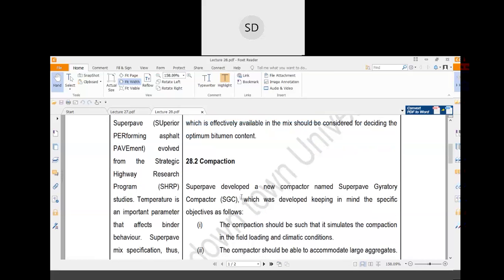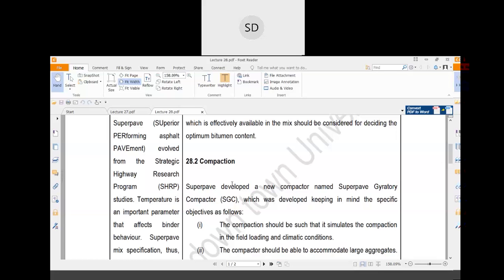So for the compaction, Superpave developed a new compactor named the Superpave gyratory compactor, which was developed keeping in mind specific objectives, as follows. After mixing the materials like your bitumen and aggregates and all these other fines, you need proper compaction so that sufficient VMA and VFA quantity could be maintained, and additionally your mix would have sufficient strength to carry all the vehicle loads.